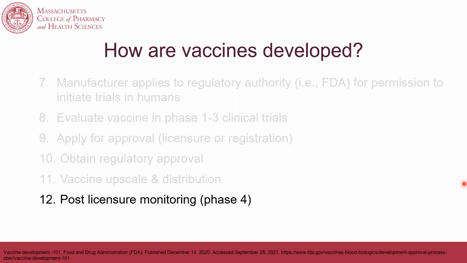So this can potentially pick up some side effects that you didn't see in the clinical trials, because now we're vaccinating a larger population and it's not a controlled environment anymore. And the VAERS system is really important for you to know, because pharmacists are expected to know how to submit a VAERS report if anything occurs when you're vaccinating people.